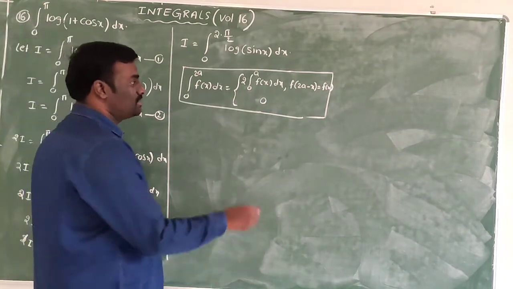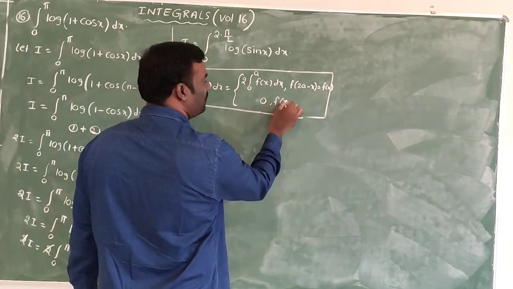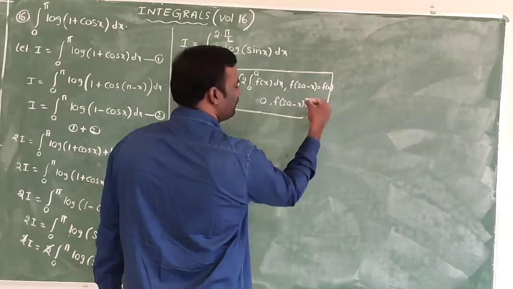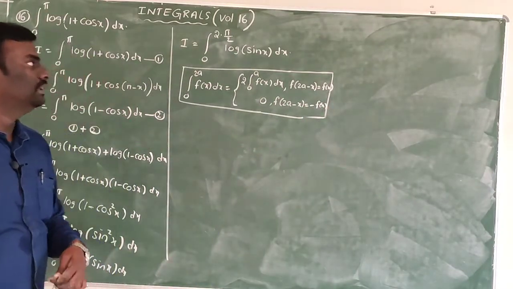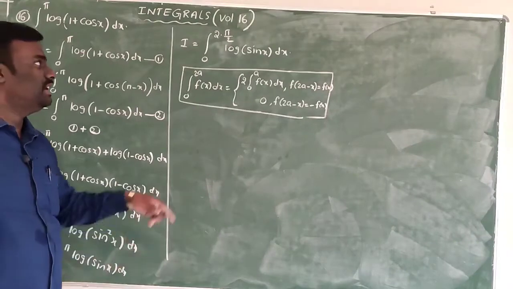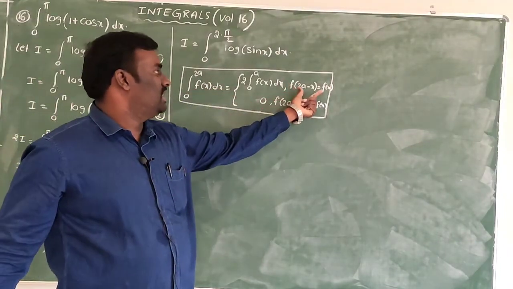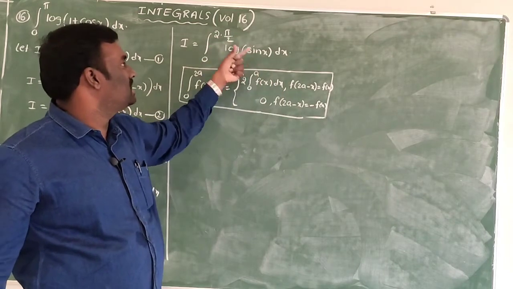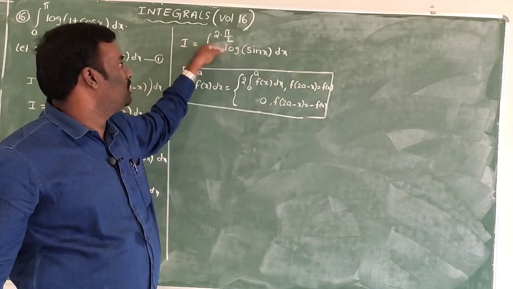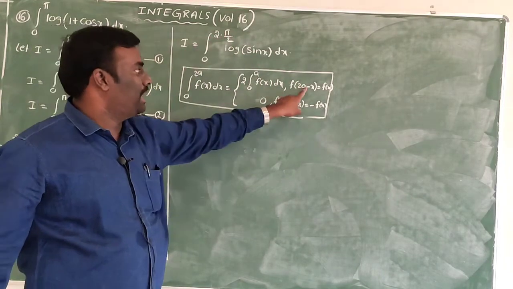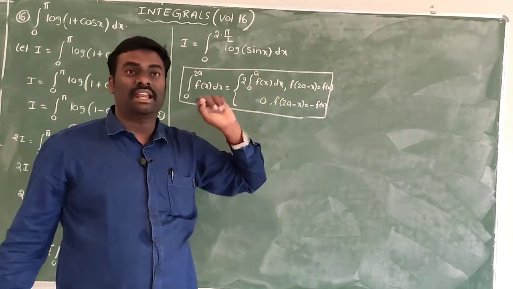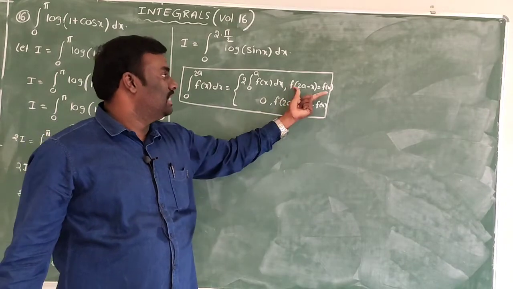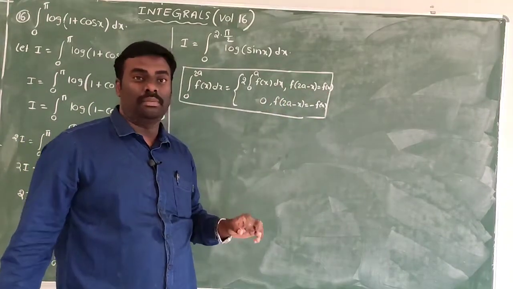When is the second condition possible? If f of 2a minus x is equal to minus f of x. That's why first we need to verify whether the first condition or the second condition is satisfied. Here 2a minus x means 2a is 2 into pi by 2, 2 gets cancelled, pi minus x. Sin of pi minus theta is nothing but sin theta. That's why it is satisfying condition number 1.